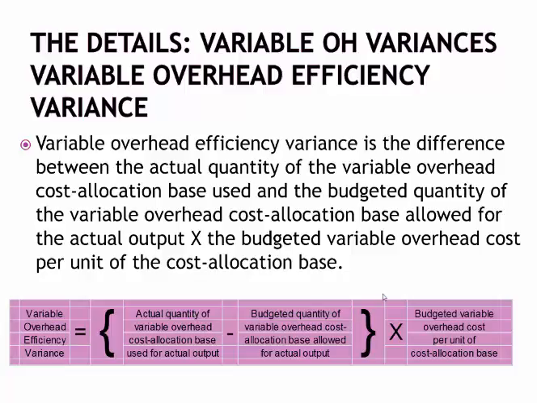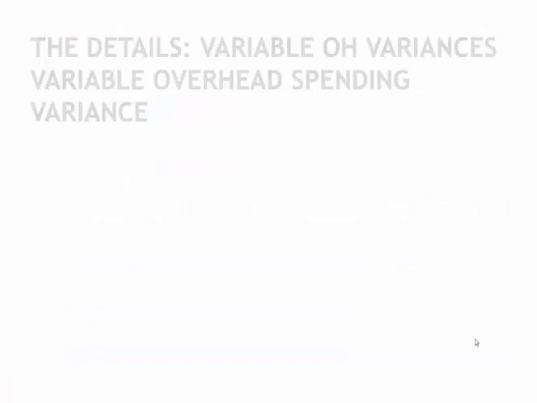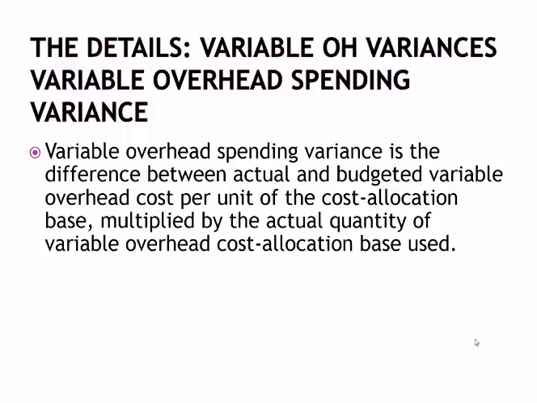All right. In order to calculate the total dollar amount for our variable overhead efficiency variance, we would then calculate that number and then multiply it times the budgeted rate, the budgeted variable overhead cost per unit of cost allocation base.